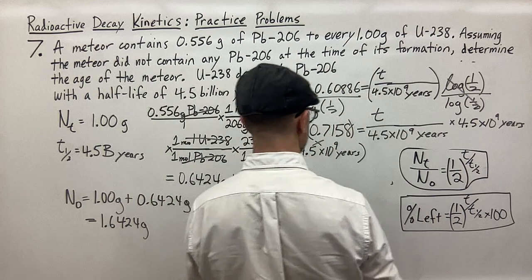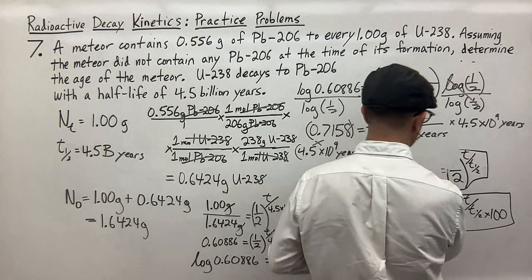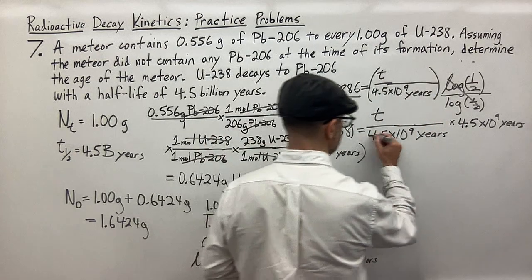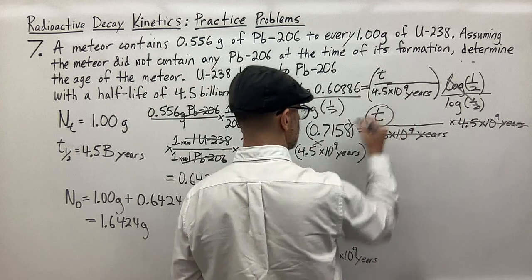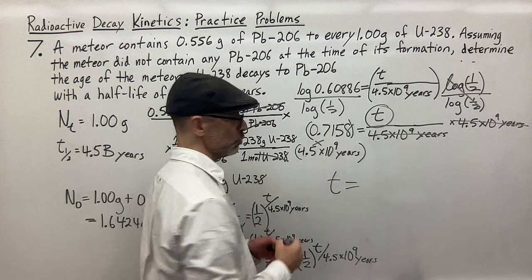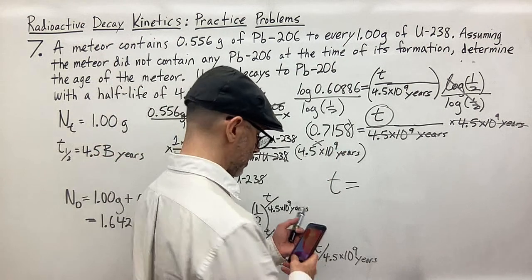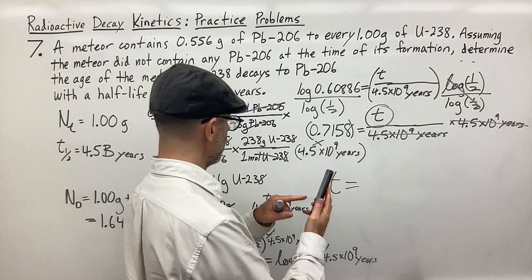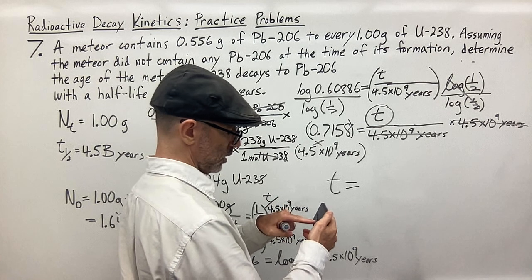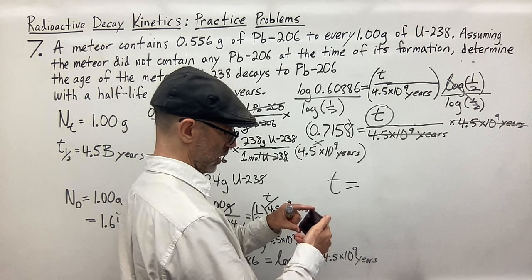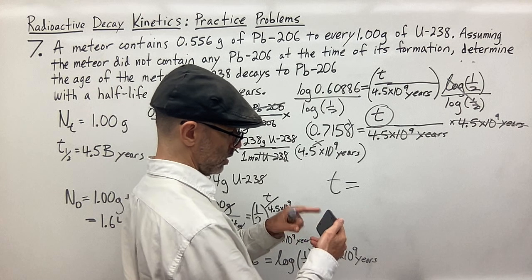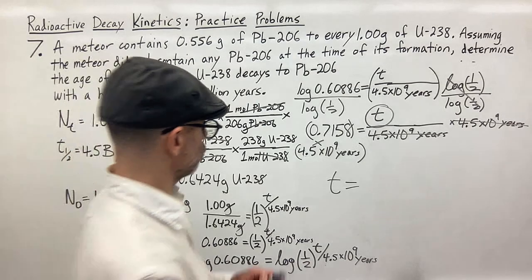And so then what I get at this point, this cancels out, and I'm left with T. So in this case, T, the age of the meteor, is going to be equal to these two multiplied together, times 4.5 times 10 to the 9, and I get 3.2.